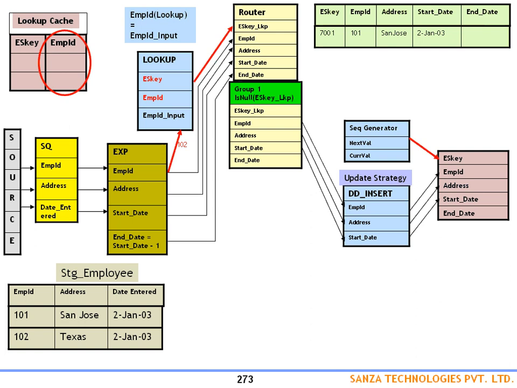It scans the cache, does not exist, so it will return a null value. The expression transformation calculates the start date. Then the employee surrogate key is null for 102, and it goes through the update strategy along with the target.